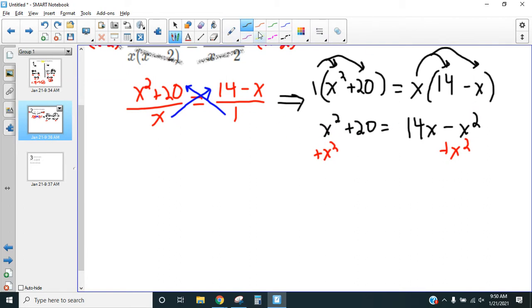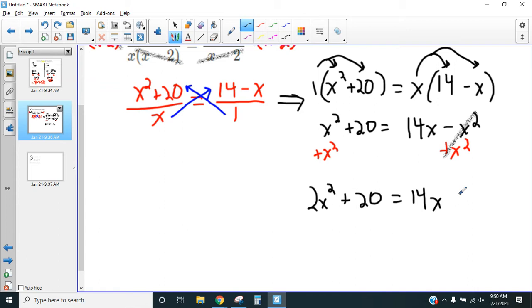When I do that, oh, crayon time. This turns into 2x squared plus 20 equals 14x.